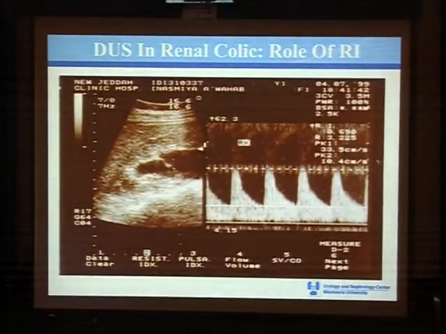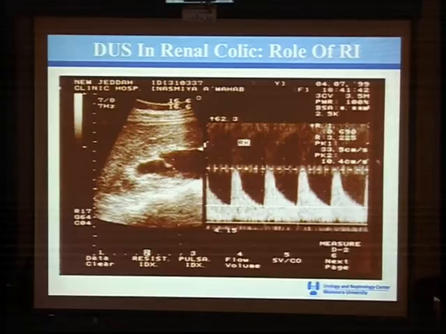This is an example of Doppler ultrasound. This is the gray ultrasound. You see that there is dilatation of the kidney, and these lines are the peak systolic velocity. The peak of every wave is the peak systolic velocity, and this line is the end diastolic velocity.